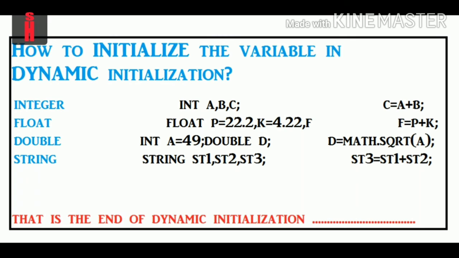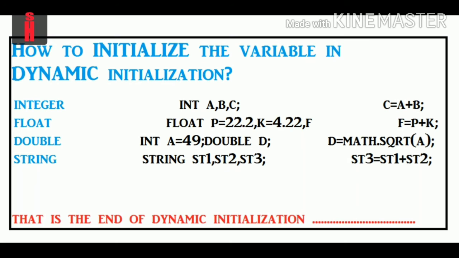Now moving toward the second data type, that is float. In float, I provided three variables, that is p, small k and small f. So p and k have their static initialization, 22.2 and 4.22.